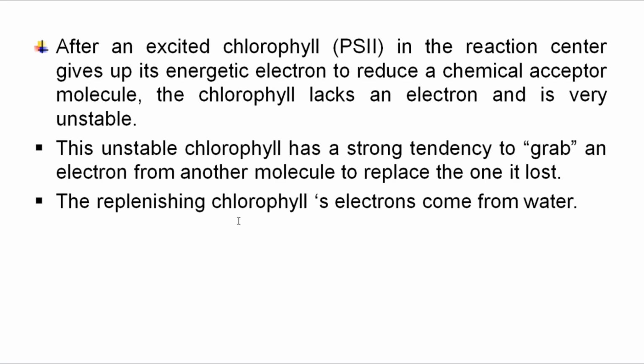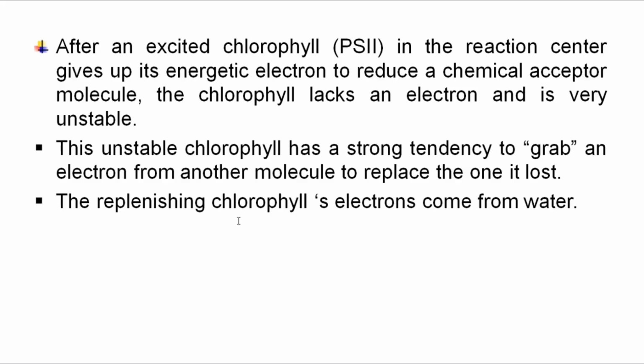Unstable. This unstable chlorophyll has a strong tendency to grab an electron from another molecule to replace the one it lost. So this unstable chlorophyll or photosystem 2 should grab an electron from another molecule in order to replace the lost one. The replacing chlorophyll's electron comes from what? Water.